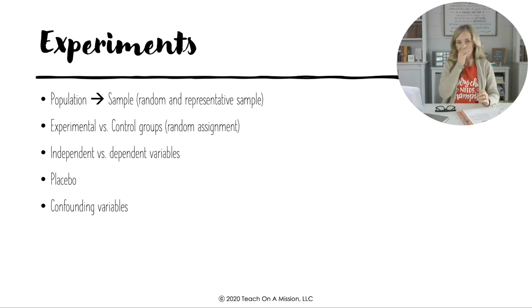So the example I stated earlier, if we're studying the effects of caffeine and we put all the caffeine addicts into one of our groups, either of them, but they're all in one, that's going to skew our results and therefore confound our research. The placebo being the non-special treatment, but it's a placebo because they don't know if they're getting it or not, and in fact think that they are.